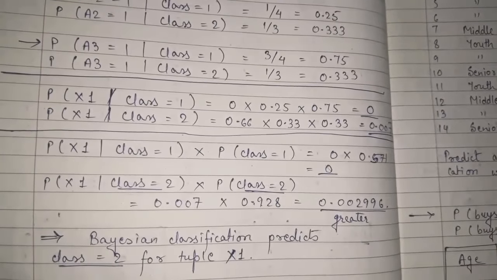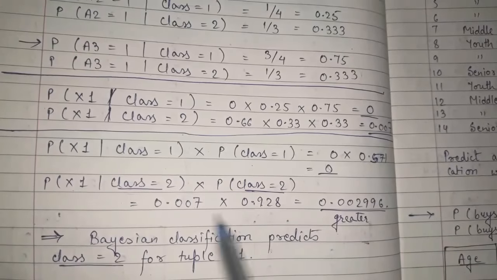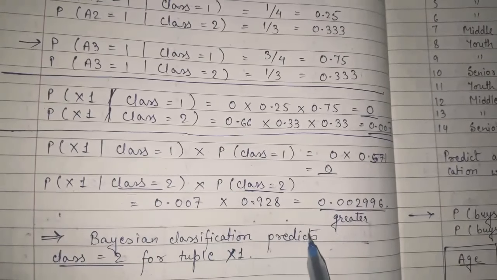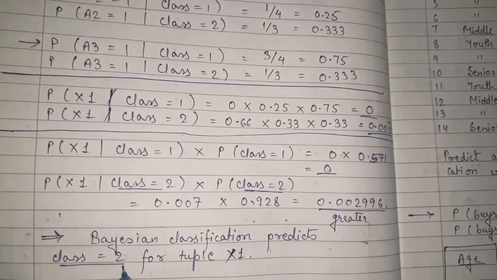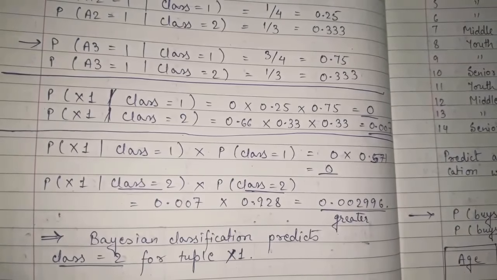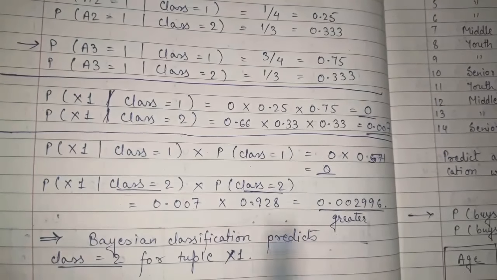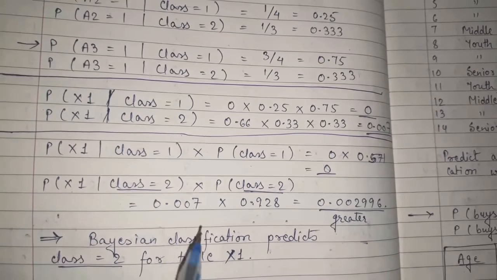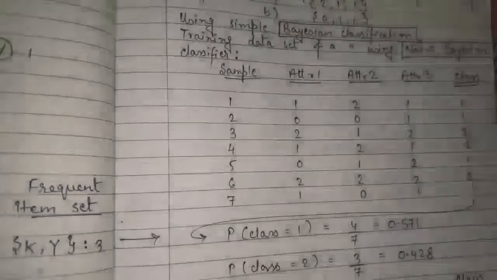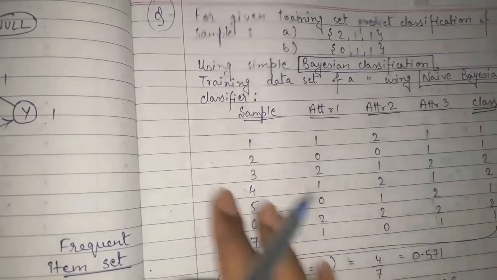We have come to the conclusion that Bayesian classification predicts class equal to 2 for tuple x1. Got it? So we have applied this whole procedure of Bayesian classification and ultimately predicted that this new tuple that was given to us belongs to class equal to 2. This is our conclusion based on this whole example.